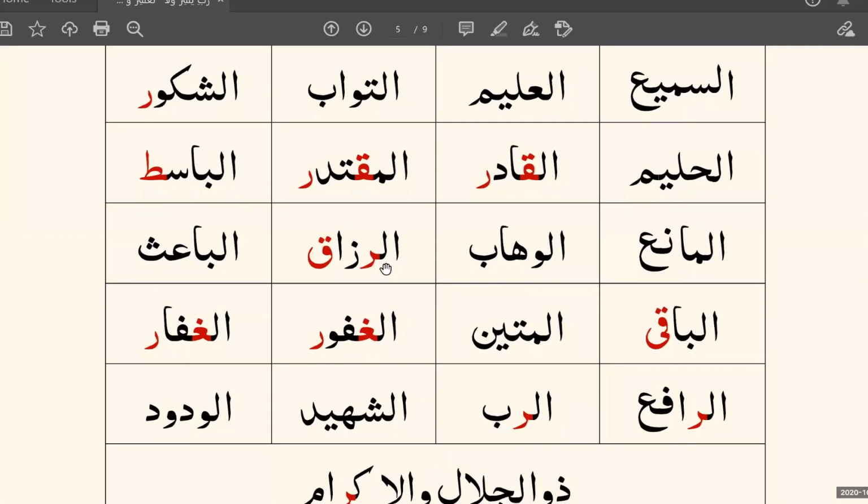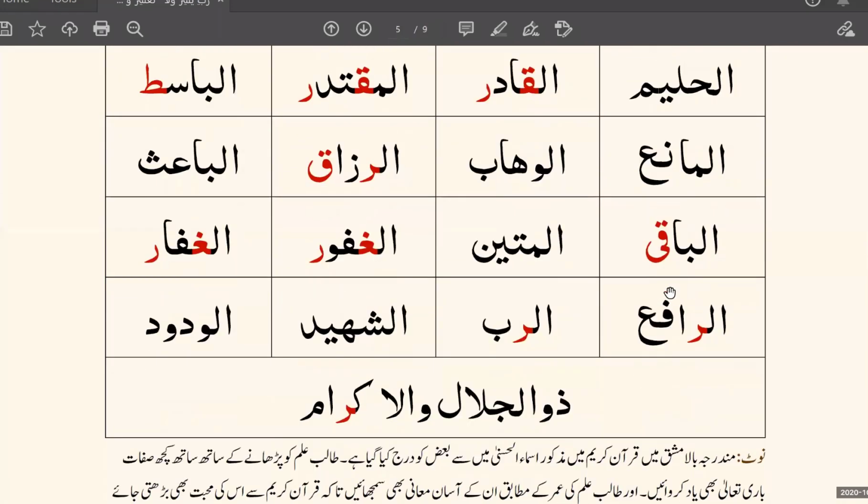Alif, Lam, Ra, Za, Alif, Qaf. Alif, Lam, Ba, Alif, Ain, Sa. MashaAllah, well done. You have recited very well. Brilliant. Okay, thank you so much. And now, the last 3 lines from another person.